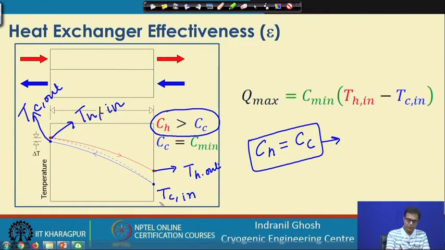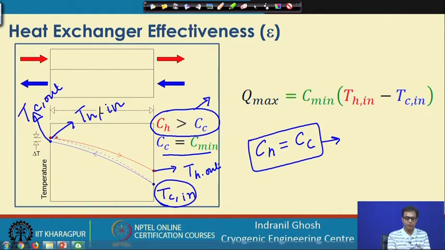So, this fluid T C will have the maximum difference in temperature. So, when we have assumed that C H is greater than C C, that means the cold fluid is the minimum capacity fluid and the minimum capacity fluid is experiencing the maximum difference in temperature.